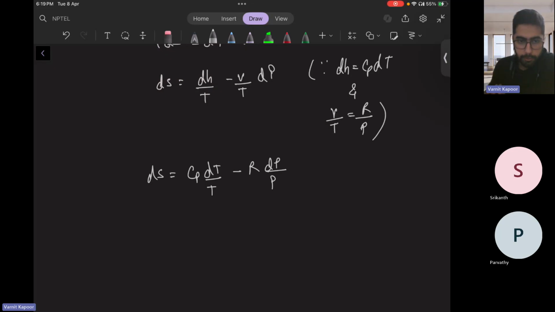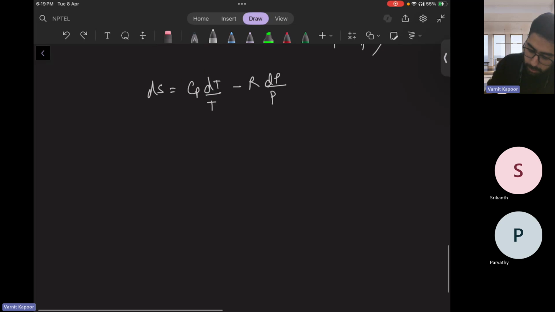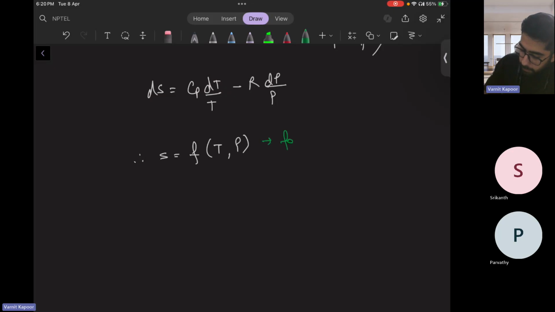Any doubts? So from here, we get that entropy is a function of temperature and pressure, again for a real gas. But for an ideal gas, it's only a function of temperature.